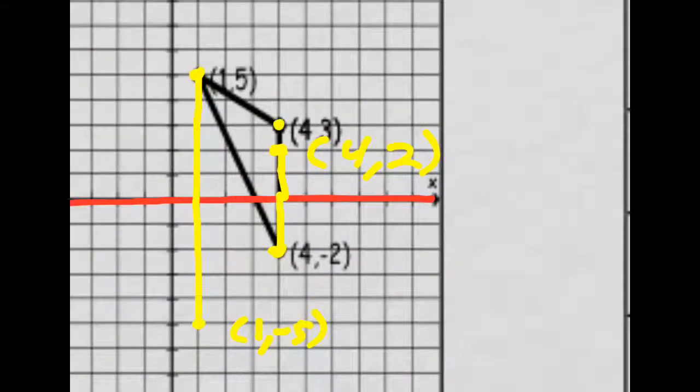So my 4, 3 is going to become 4, -3. And then I'll just connect my dots. That's 4, -3 right here.